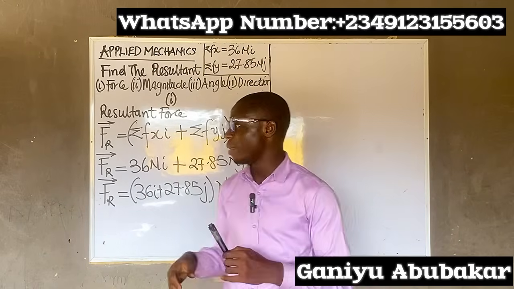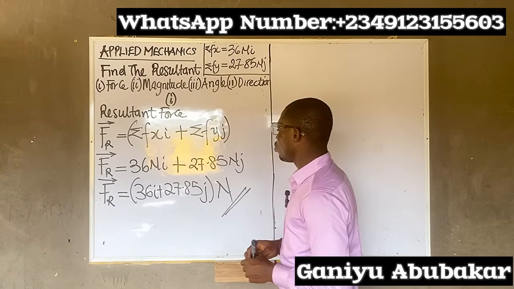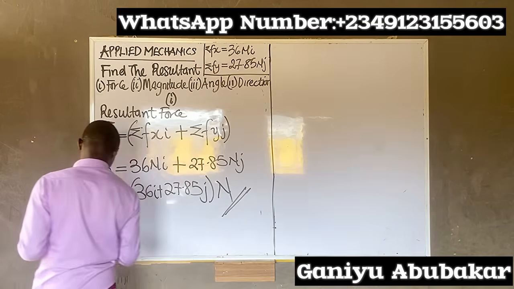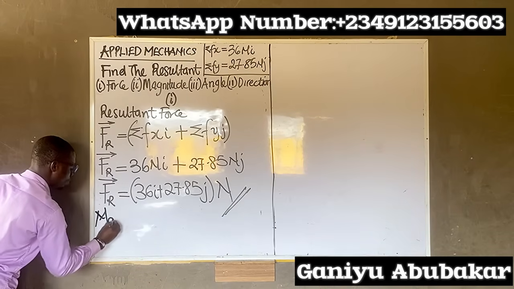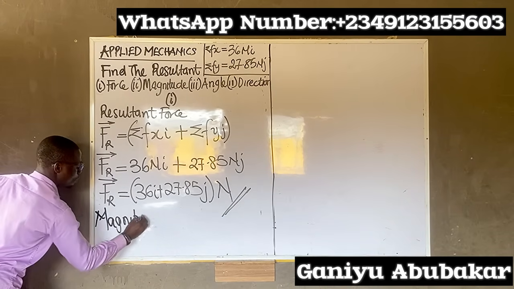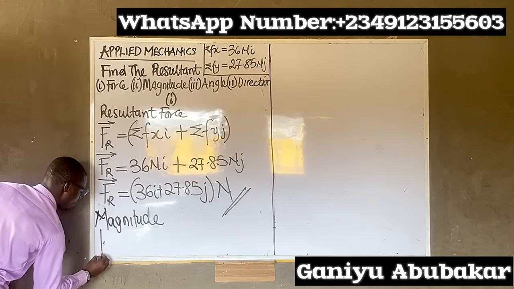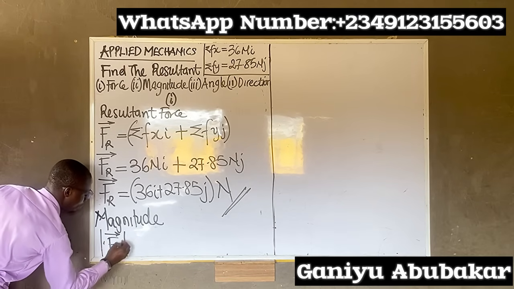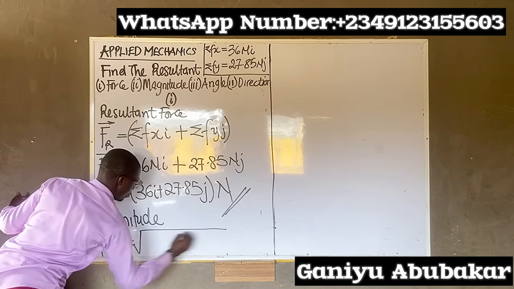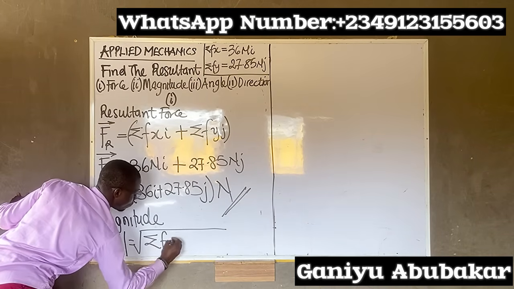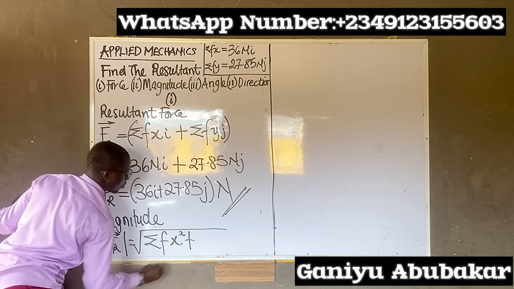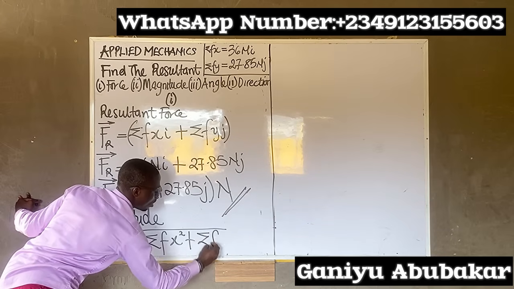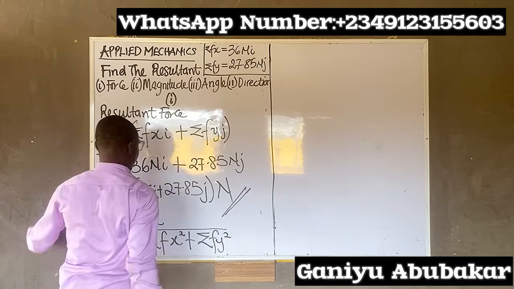Right, let's proceed by getting the magnitude of the resultant force. That's the magnitude of the resultant force, Fr, equal to the square root of summation f of x squared plus summation f of y squared.